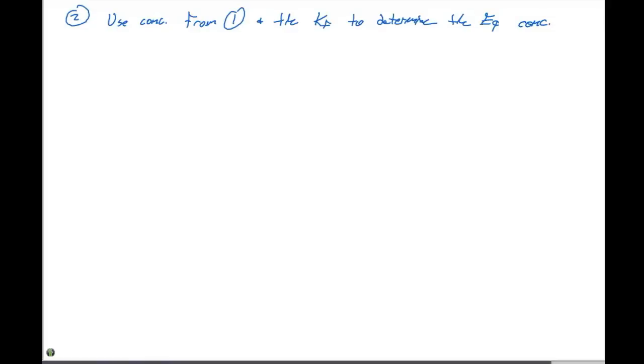And the equilibrium that we're going to look at is Ag(NH3)2 with a plus charge, which is our complex ion that formed, and it's going to be in equilibrium with silver plus in aqueous solution plus 2 NH3s.